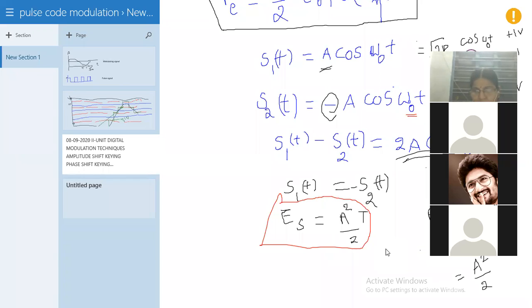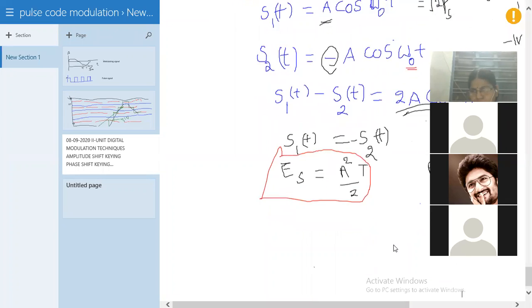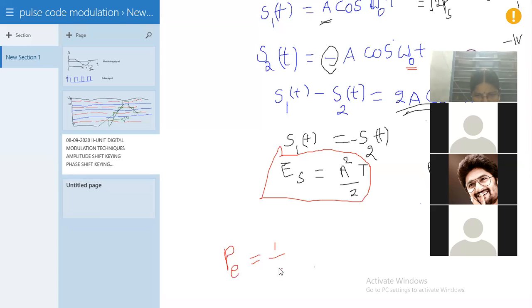Then what is the probability of error for this case? Formula: probability of error Pe is equal to 1 by 2 complementary error function of the square root of Es by eta, where Es is A square T divided by 2 theta, whole to the power of 1 by 2.